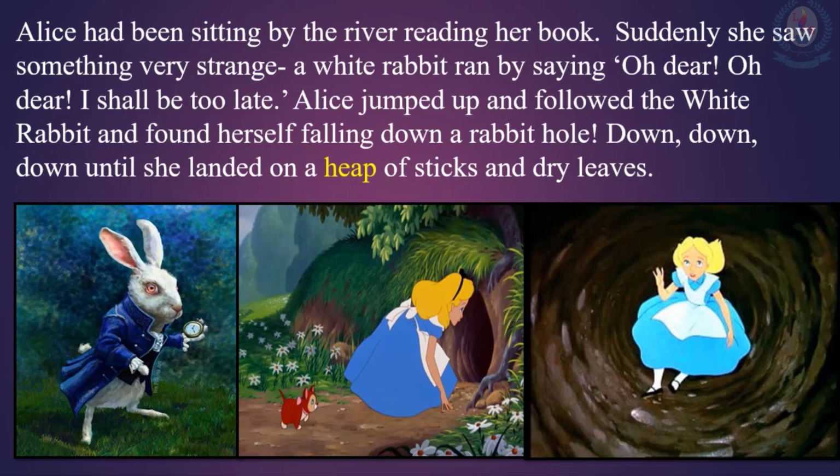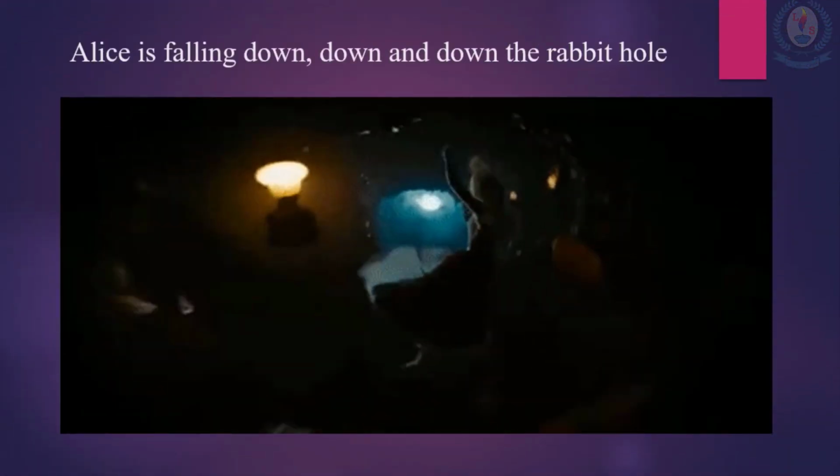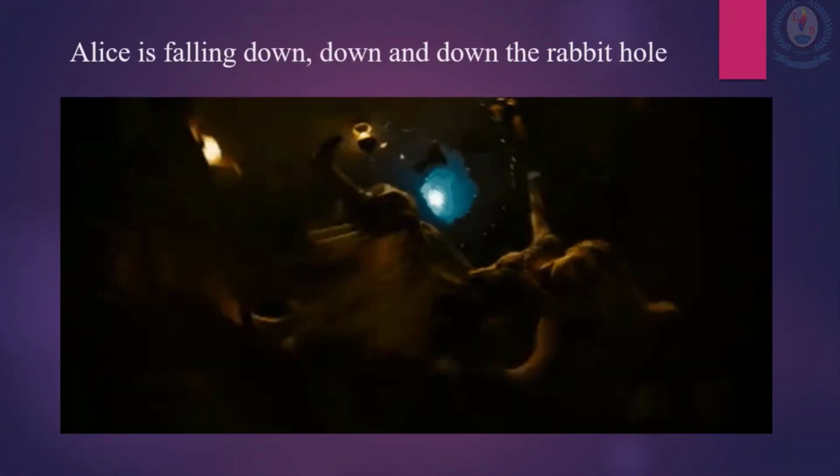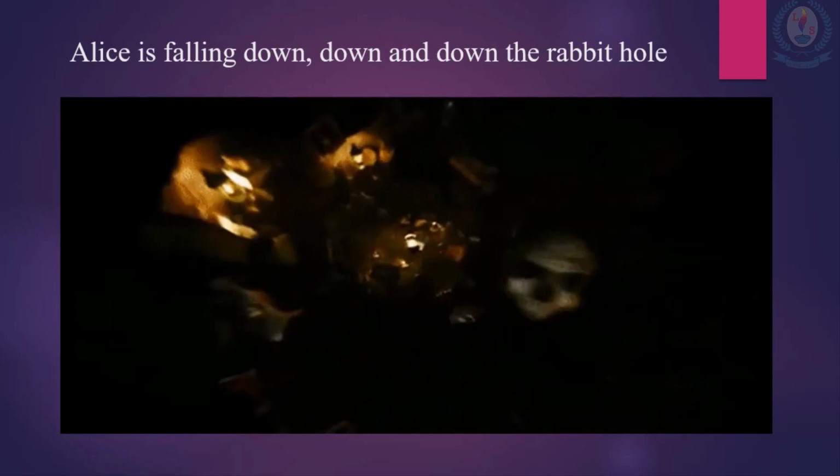Alice jumped up and followed the white rabbit and found herself falling down a rabbit hole. Down, down, down, until she landed on a heap of sticks and dry leaves.